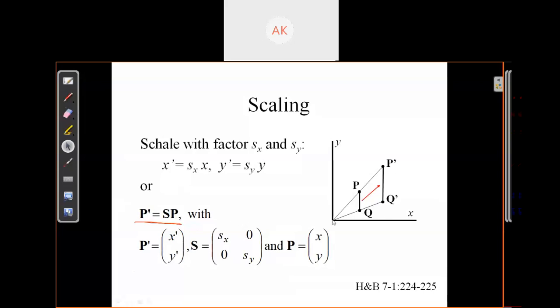So this fixed point we can define as follows: we can control the location of the scaled object by choosing a position called the fixed point. In this case, our fixed point is the origin.